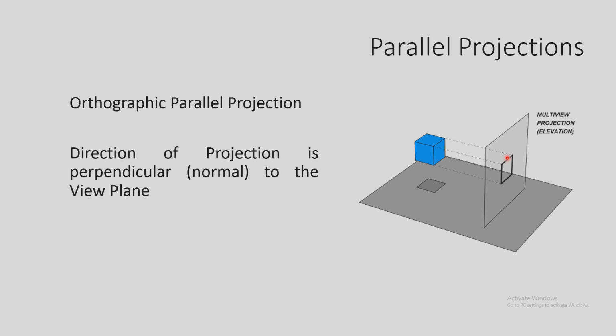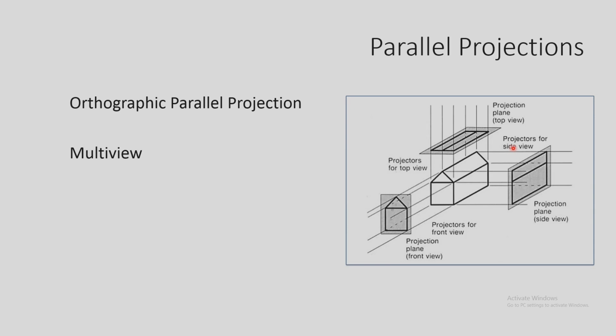When you compare a line with another line, you call it perpendicular. But if you compare a line with a plane, you better call it normal. So if this line makes an angle of 90 degrees with this plane, this is called normal. So if the projection direction is normal to the view plane, then such a projection will be an orthographic projection.